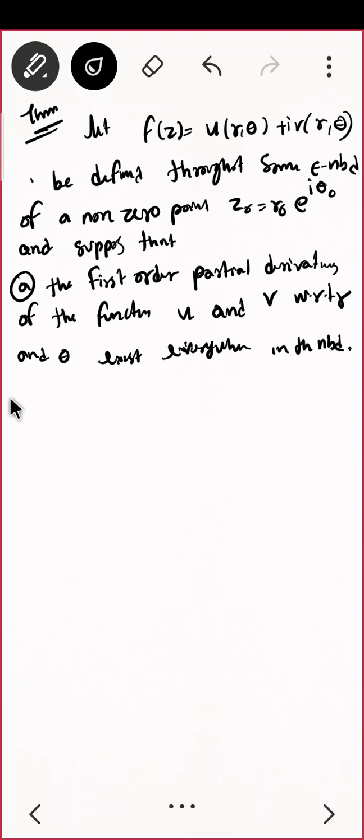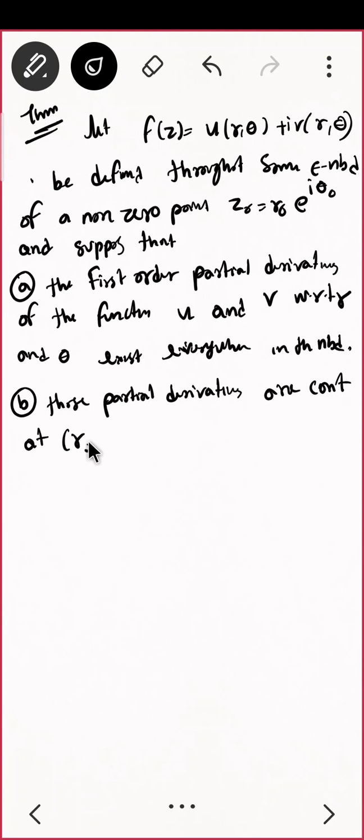Okay, this is the first condition. What is the second condition? Also, those partial derivatives must be continuous. Continuous at which point? At r naught and theta naught.